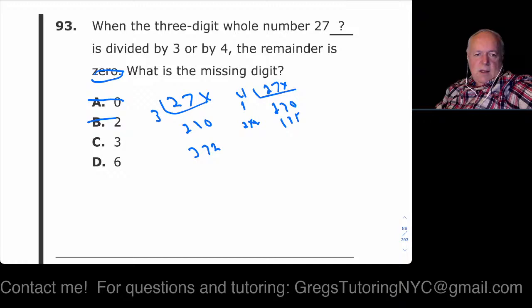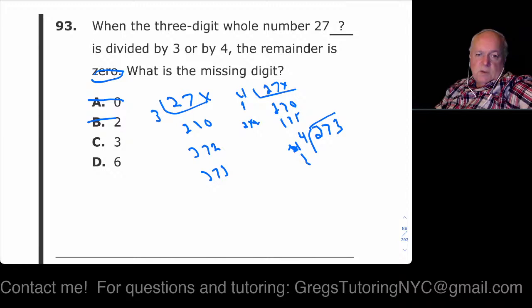3, if it was 273, 3 does go into there. But how about 4? If we divide 273 by 4, we get 6, that's 24.